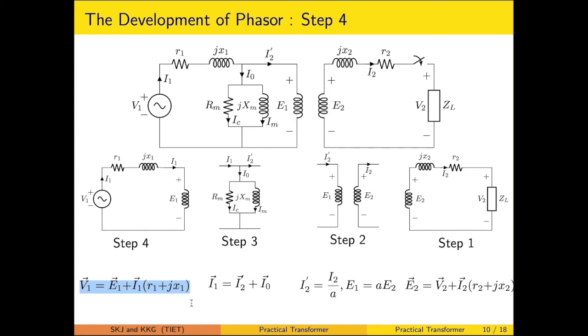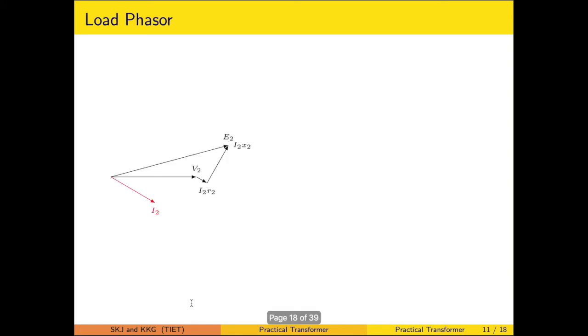So from this point onward, the phasor development is discussed. This phasor development is carried out for the RL load, or you can say the inductive load. V2 is taken as a reference, and correspondingly I2 is marked. To calculate E2, you have to do the phasor sum.